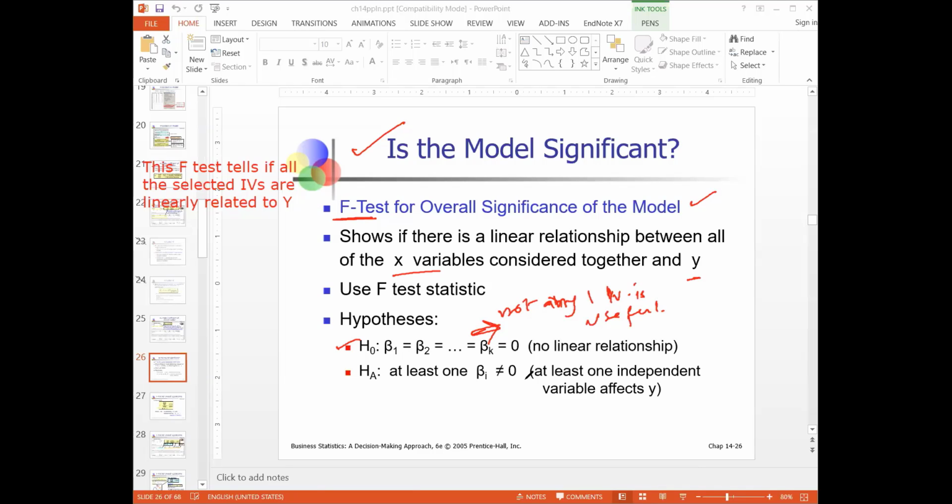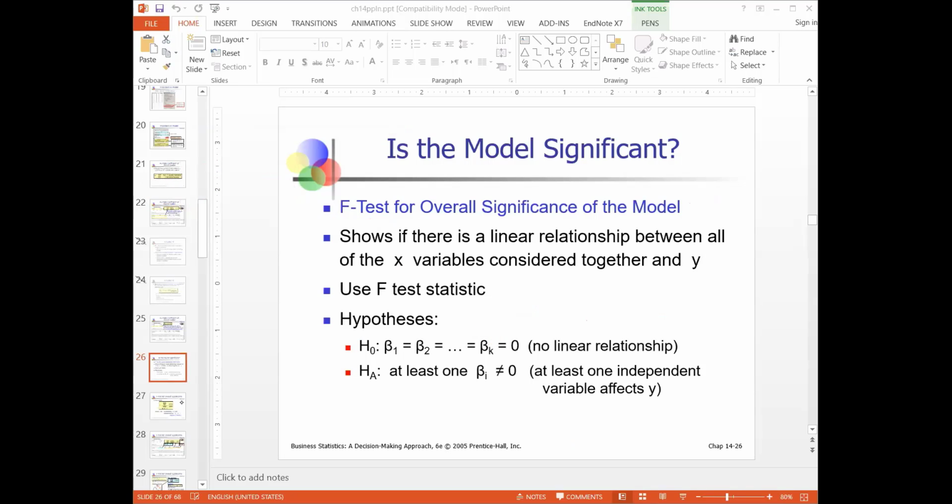So this means all the variables are junk. And the alternative hypothesis is at least one is useful. At least one of them is performing and explaining the patterns in Y. So if any one is useful, you will notice that the F value will show that the model is significant. Let's see how we test it.